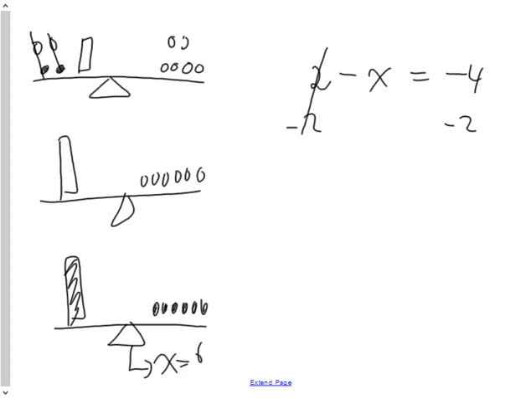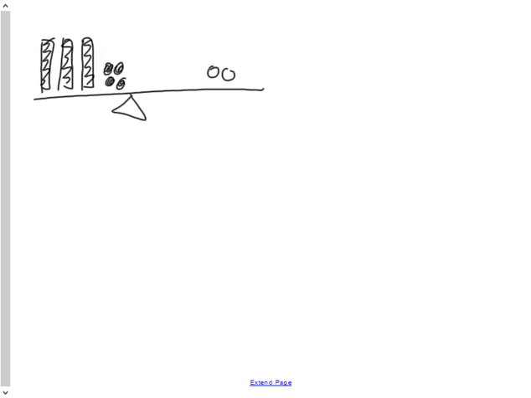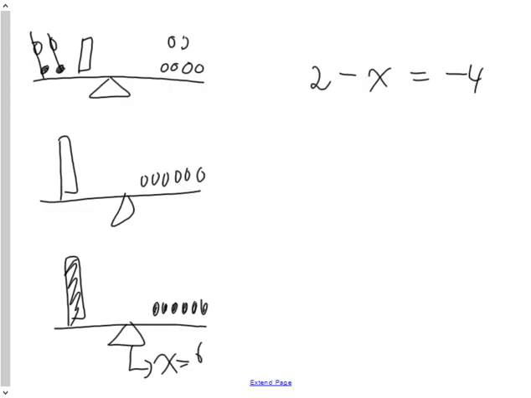Now, some people look at this and think that that is a -2, and they put a +2 on both sides. But that's wrong, because that is not a part of the 2, that's a part of the x. That's a negative x. So it's a positive 2. I'm going to subtract 2 from both sides. Now look what's left. It's a negative x is equal to -6.